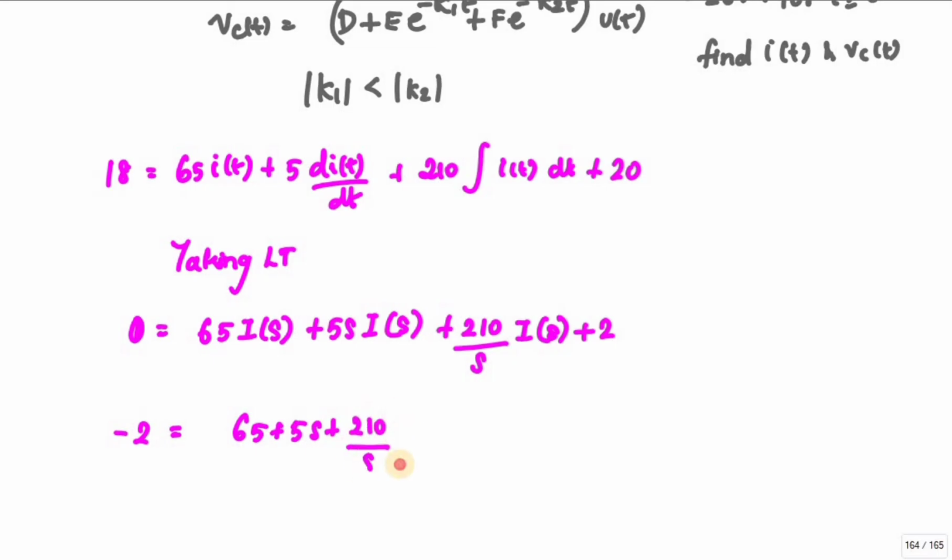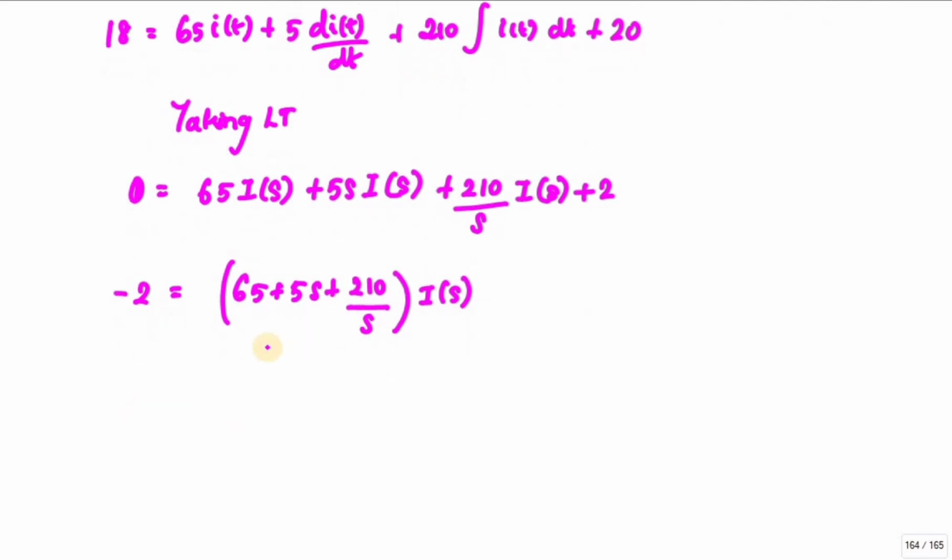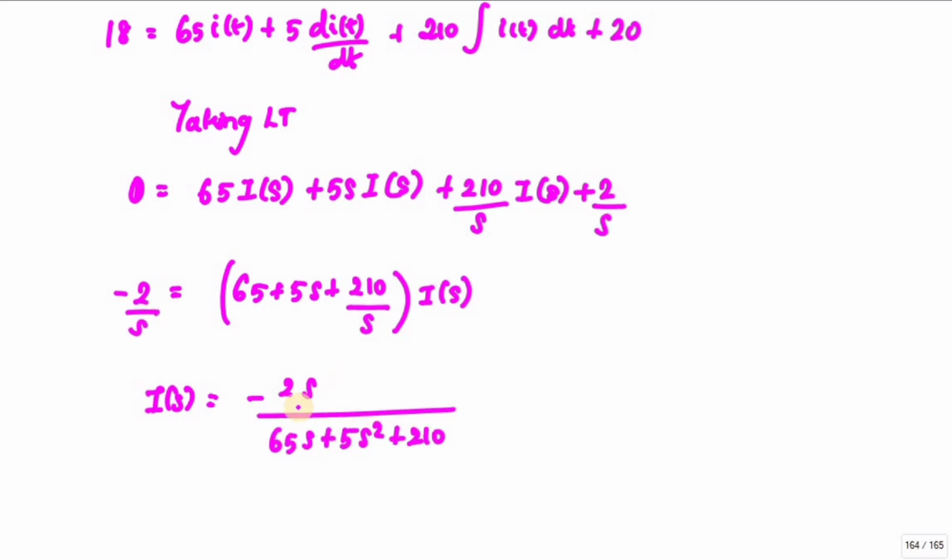So minus 2 divided by s is equal to 65 plus 5s plus 210 by s into I(s). So I can write I(s) is equal to minus 2 divided by s into s divided by 65s plus 5s square plus 210. Okay. So here the s and the s get cancelled out, so you will get the value of 2.